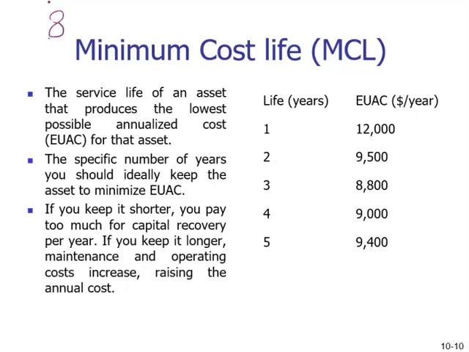For example, we are sure when they are telling us minimum cost life for an asset is 8 years, the cost for 7 years is higher. The cost for 9 years is higher. The cost for 6 years is higher. Why are we sure? Because we have been told that the minimum cost life is 8 years. So that's the practical definition of that.